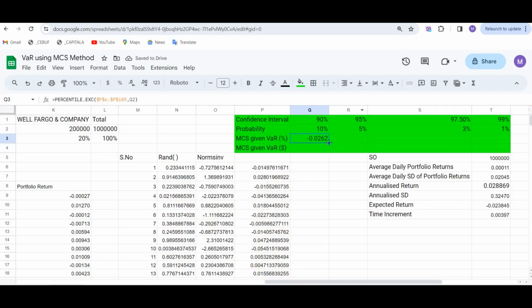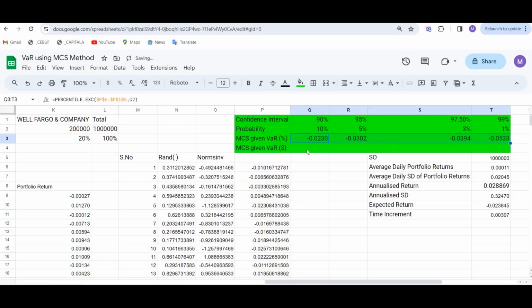So now we'll just copy and paste it horizontally. Equals to, now the amount. It's this multiplied by the total portfolio amount. We lock this one.